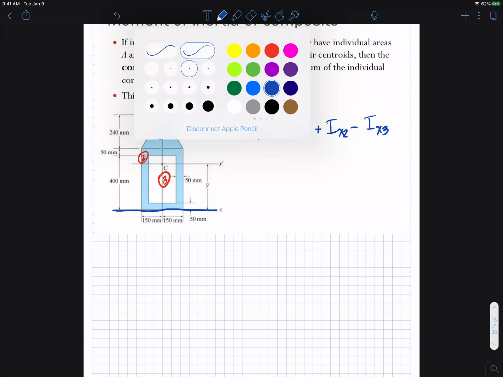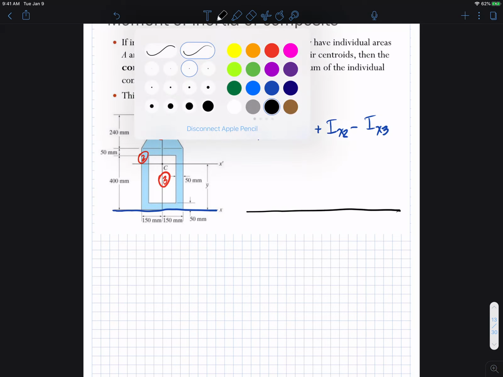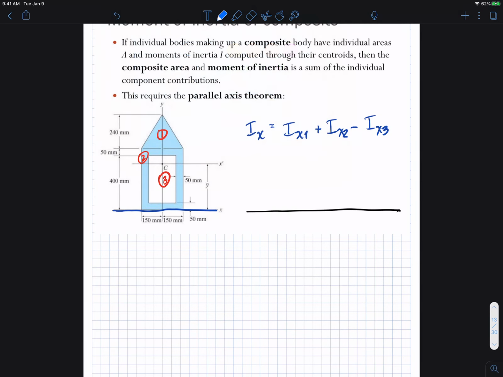Right, so one way we can think about this, let me draw these individually. So we have the triangle way up here. We have a rectangle that's on the x-axis, and then we have the empty space that's floating above the x-axis by some amount.